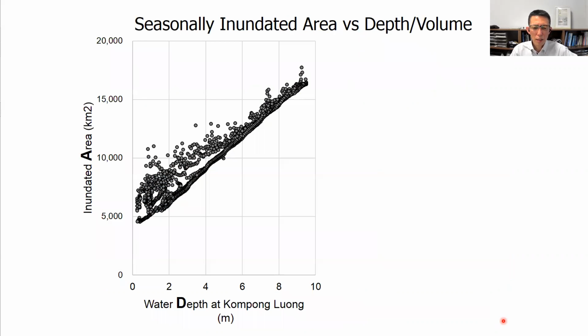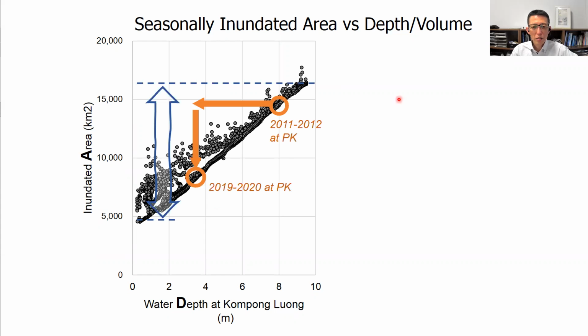For example, we can do this calculation. The gray dots are output from the model, and this shows the relation between the water depths and the inundated area. And then if you look at the peak at different timing, this is from 2011, this is from 2019.